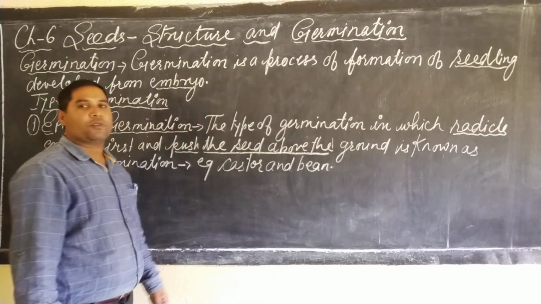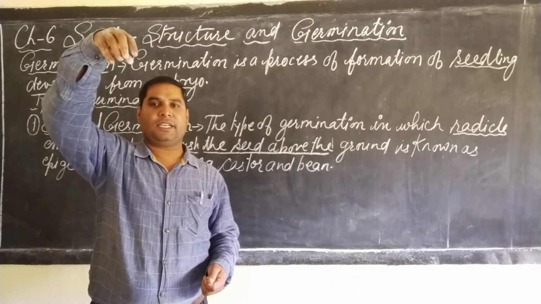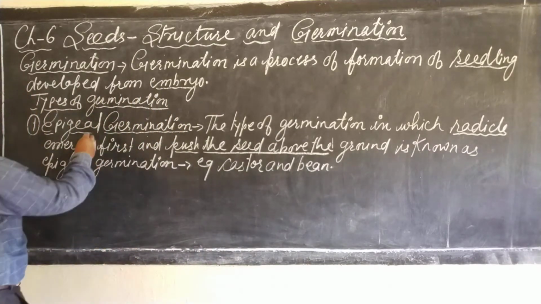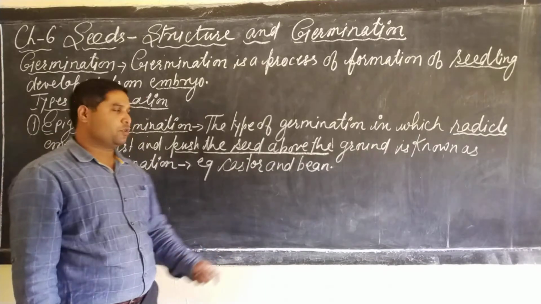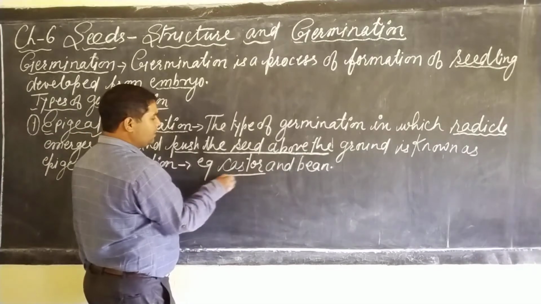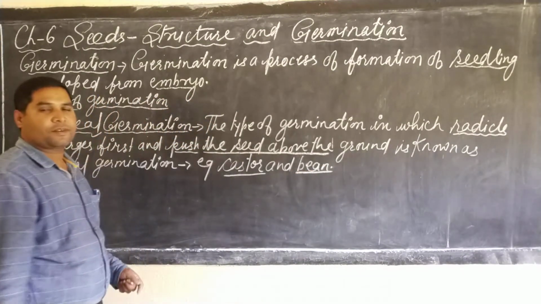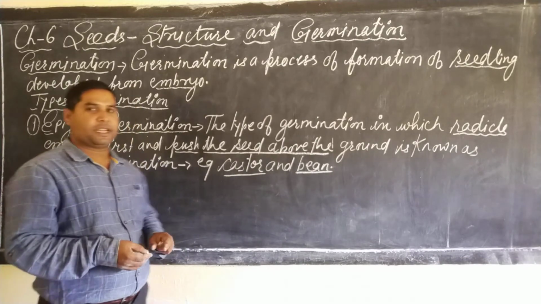Above the ground means the seed is sitting above the ground. This is known as apical germination, and this type of germination is shown by castor and bean. Let us know the second type of germination.